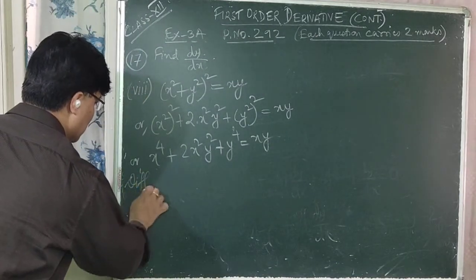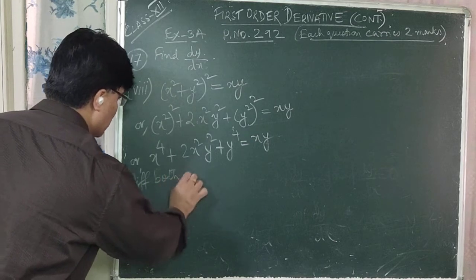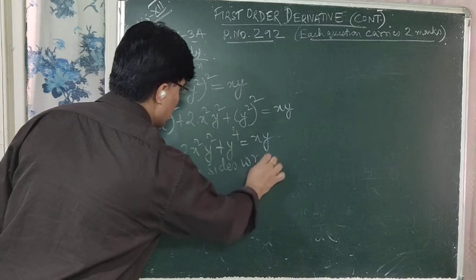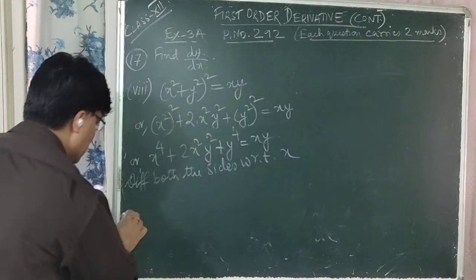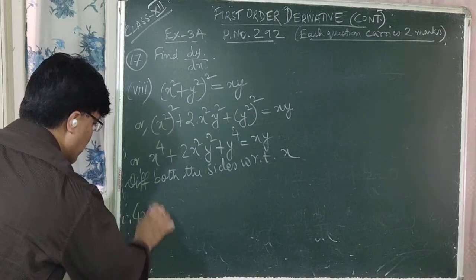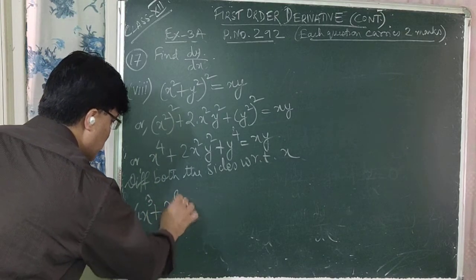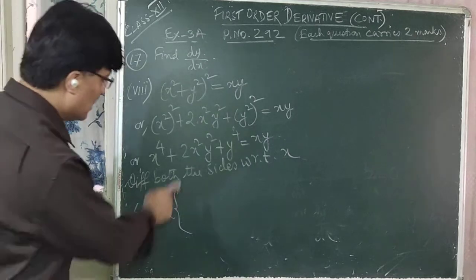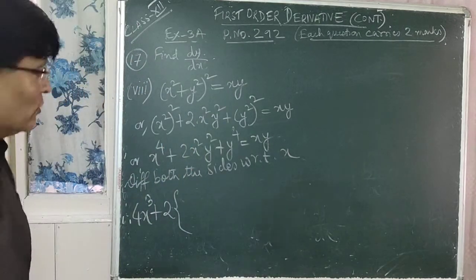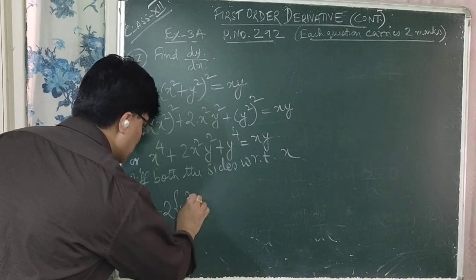Now you can differentiate both the sides with respect to x. So let us write here, differentiating both the sides with respect to x, right? So what is d by dx of x to the power 4? It is 4x cube plus here 2 is constant within second bracket. x square into y square is there. You have to use the product rule, that is UV rule, right? x square is kept as it is.